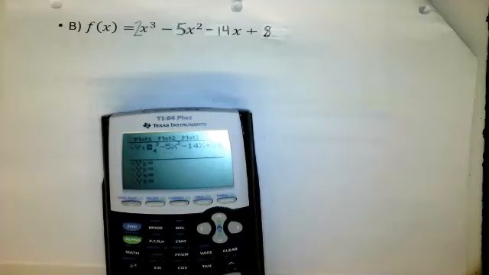Sometimes there will be some fractional answers, so you won't use those for the x-intercepts when we do synthetic division. Choose the ones that cross nicely.